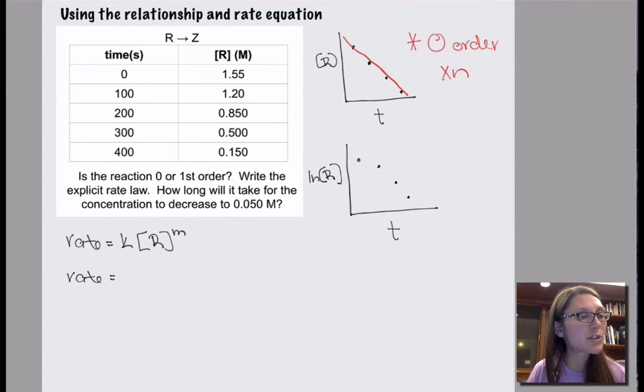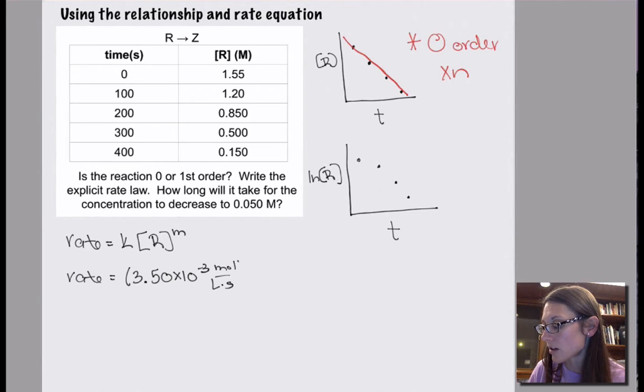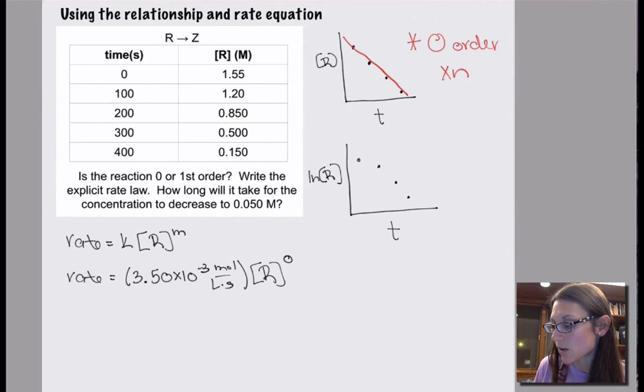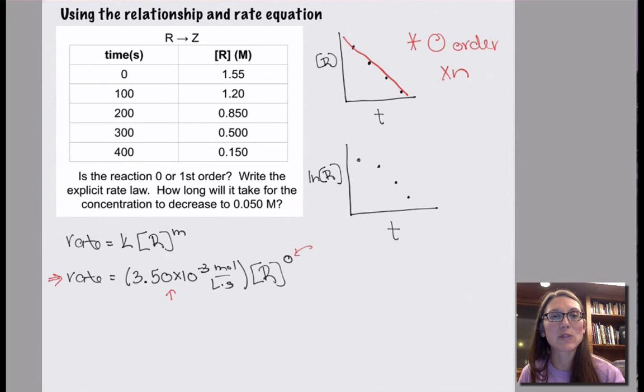And so for this particular process, the slope was found to be a negative, so I'm dropping the negative sign because it's the opposite of that, 3.50 times 10 to the negative third. Be sure you write the units on your reaction rate constant, and then multiplied by the concentration of R, and I'm going to indicate that it's zero order because this is a zero order reaction. So my explicit rate law is going to indicate both the order of the reaction here, and it's going to give a value for that rate constant. And that's what makes it the explicit rate law.